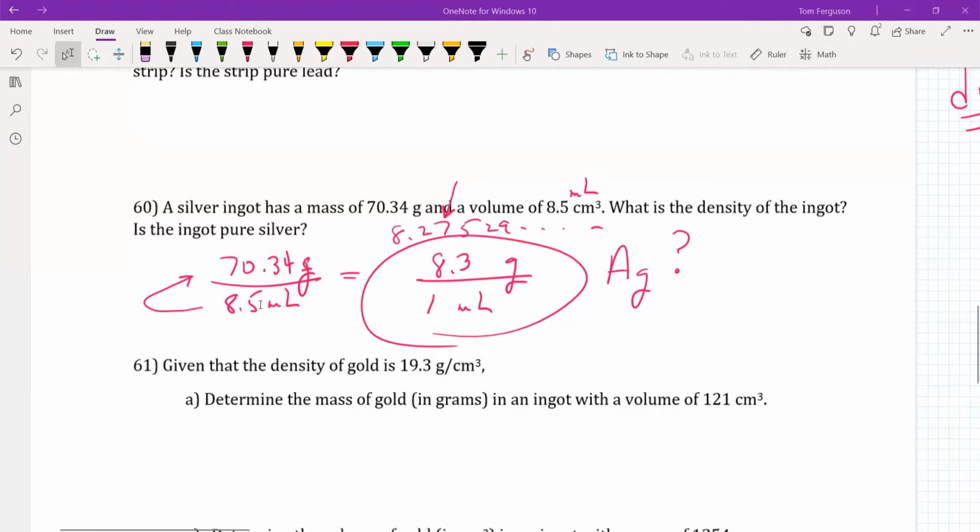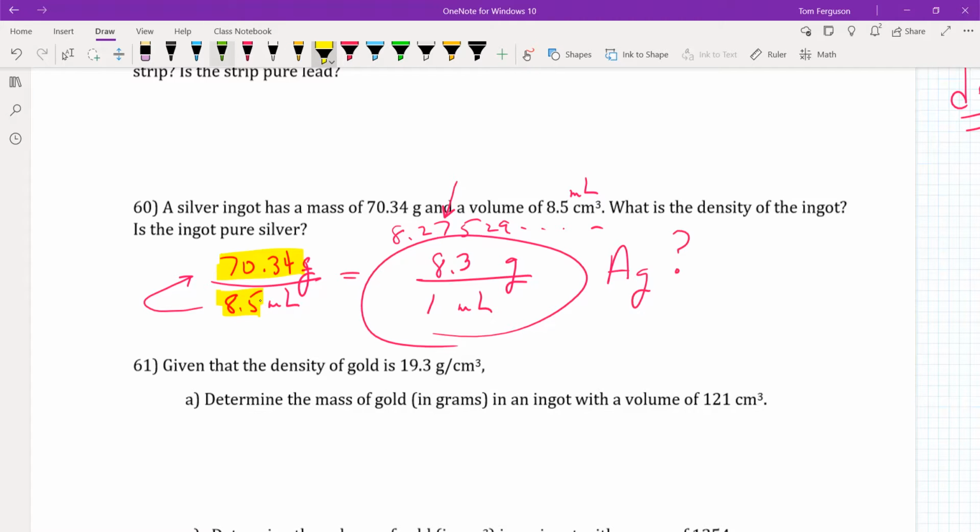Professor Ferguson, how do we know that the sig figs was 2 again? Down here. And whenever you multiply or divide, you look at the total sig figs for each thing you're dividing or multiplying. And your answer is going to be the lesser.